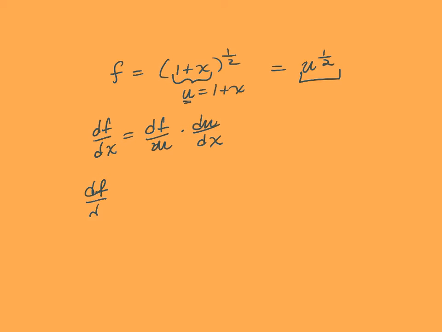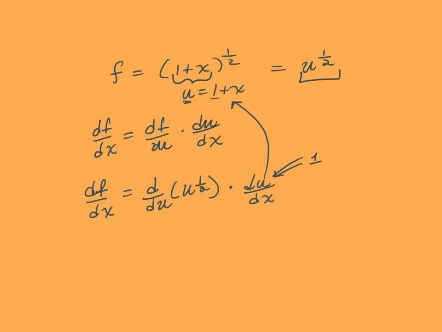So df dx is equal to d by du of f, which is u to the 1/2, times du dx, again knowing u is 1 plus x. The du dx is actually a pretty easy one to do. So du dx is equal to the number 1, because the derivative of 1 is 0 and the derivative of x is 1. So we can keep that in mind.